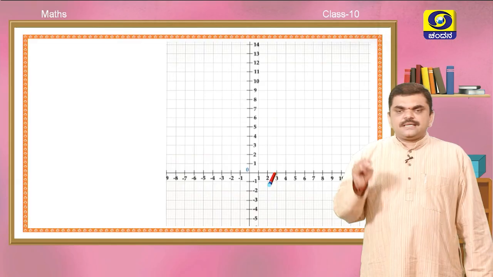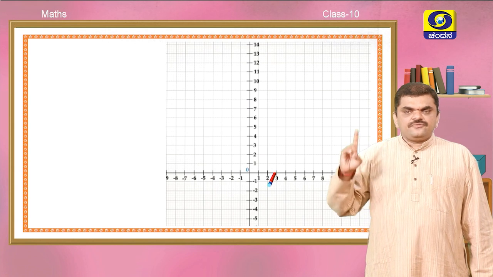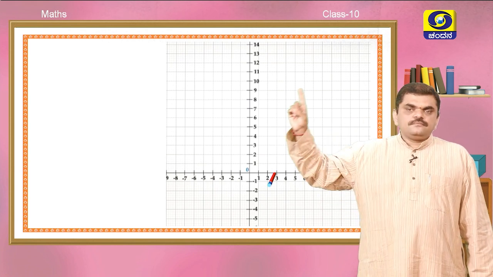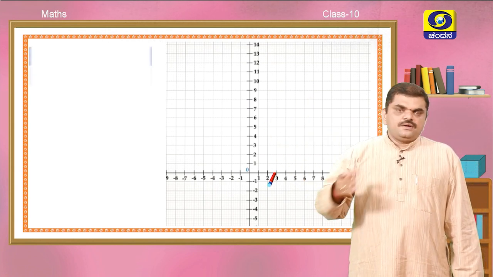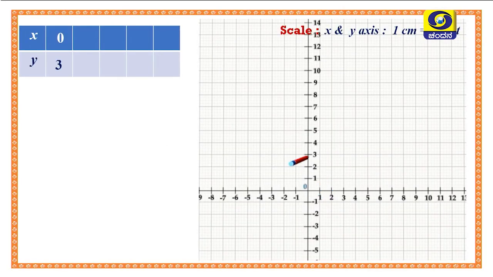Now, the next step is plotting a graph. For plotting the graph, the first step is to mark down the scale. Take the first equation. What is the first equation? 0, 3. The scale on the x and y axes is 1 centimeter equal to 1 unit. 0, 3, 1, 2, 2, 1.